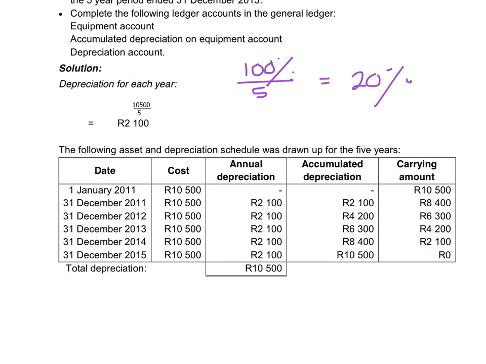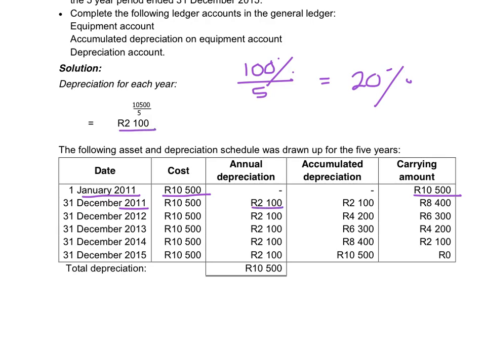So the date that we purchased it was the 1st of January 2011. The cost was $10,500. There is no depreciation at the beginning. So the first day, the value is $10,500. At the end of 2011, we write off that 2,100 Rand depreciation.